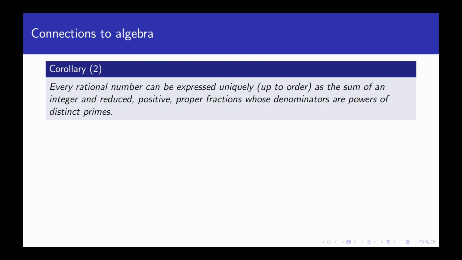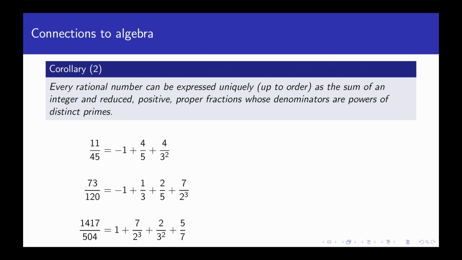Second one is every rational number can be uniquely expressed, up to order, as an integer plus reduced positive proper fractions whose denominators are powers of primes. So positive, not less than 0. Proper just means less than 1. And so, for example, if I take 11/45, that's -1 plus 4/5 plus 4/9.